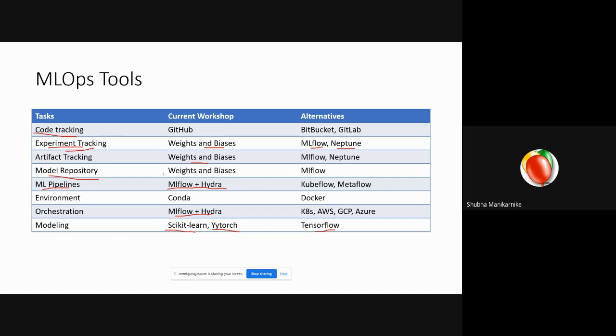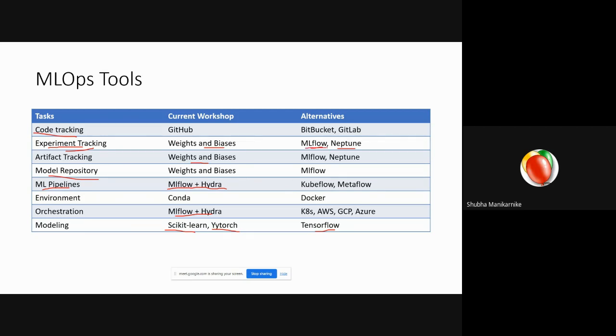All of these things, it allows you to store in a cloud-based repository. Weights and biases offers these things, but it does not offer you orchestration. You cannot combine different steps together using weights and biases. MLflow also gives all of these things. So you can do experiment tracking, you can store your artifacts and all of these things.